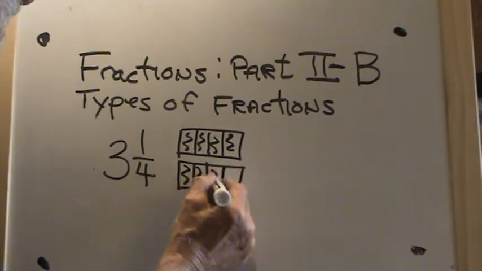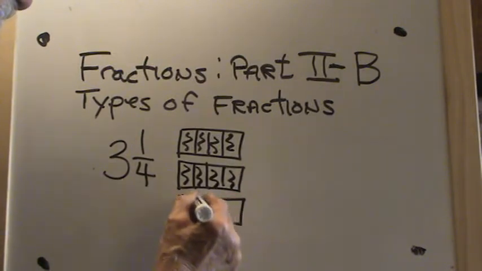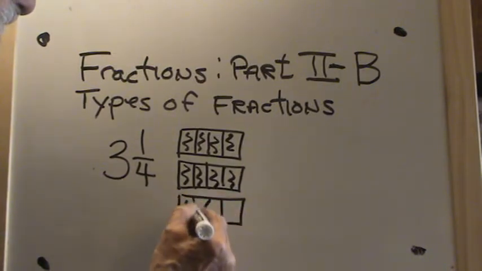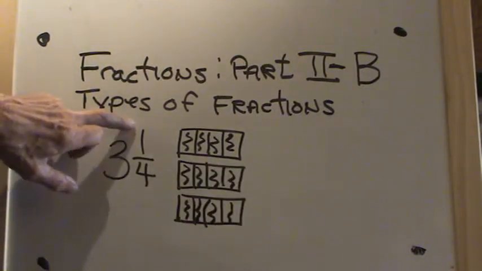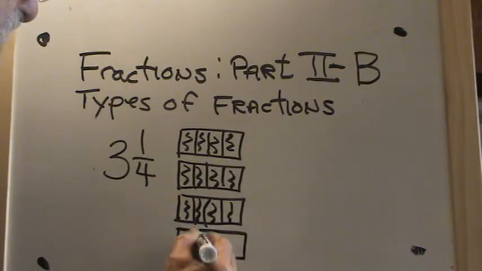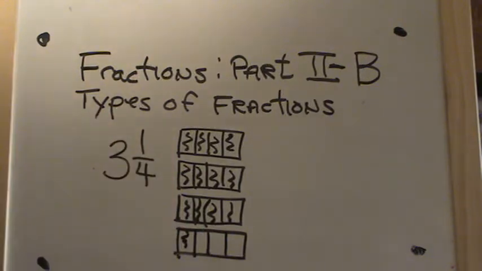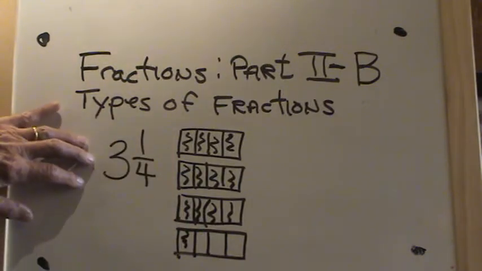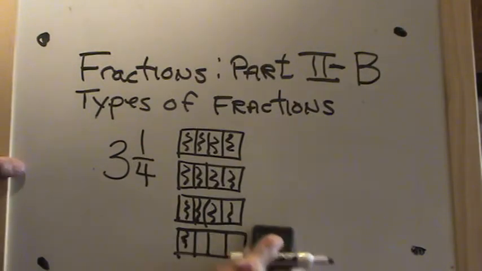That's 2 wholes. But I need 3 wholes, so I have to draw another one. All right, so that's 3 wholes, and then I need 1/4 more. So I have to draw another whole, which has 4 pieces, and color in 1. And that would be 3 and 1/4. And that is a mixed number.